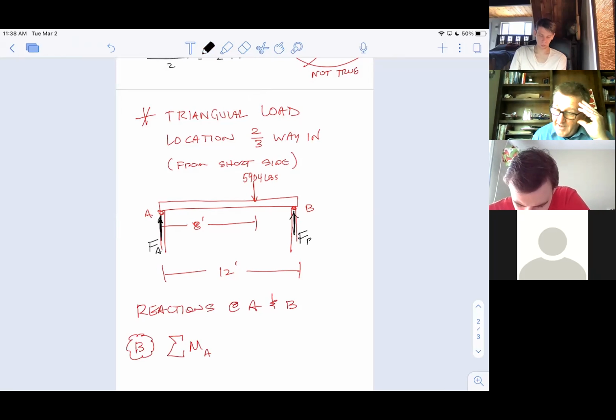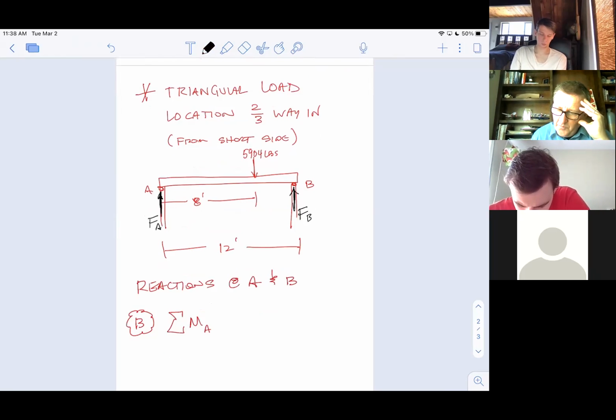So the sum of the moments at A needs to be 0. So what would the sum of the moments at A be? Well, don't I have the force of B pushing up a distance of 12 feet from A?